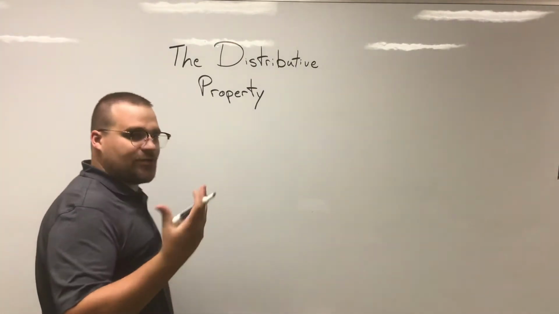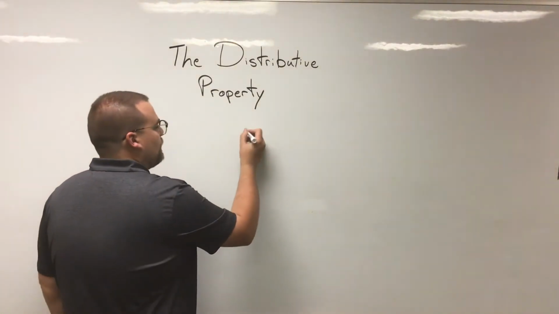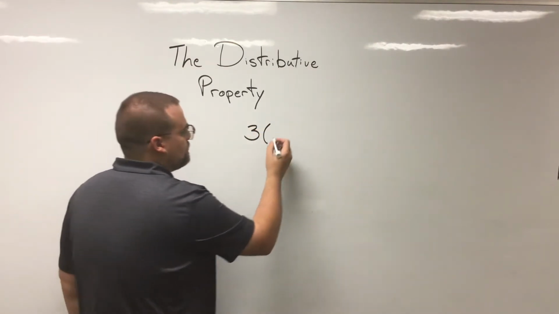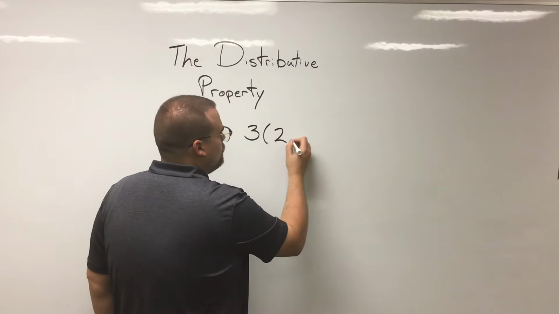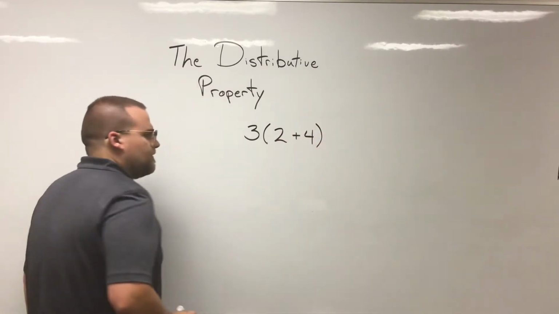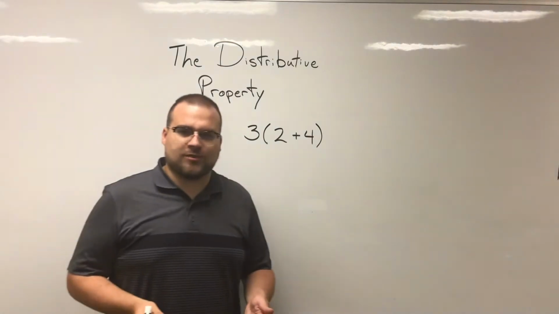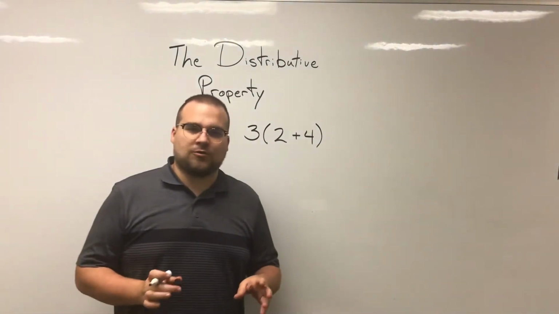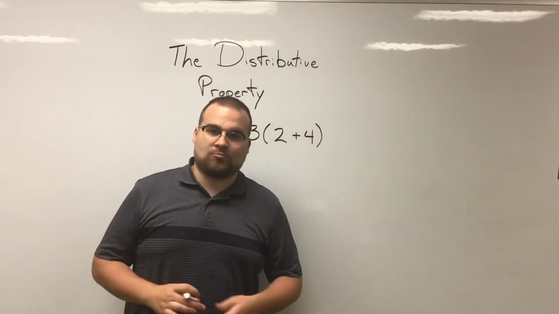Let's say we have an expression like this. 3, and then in parentheses, 2 plus 4. Now I think when most of us would look at an expression like this, we would follow the order of operations, right?